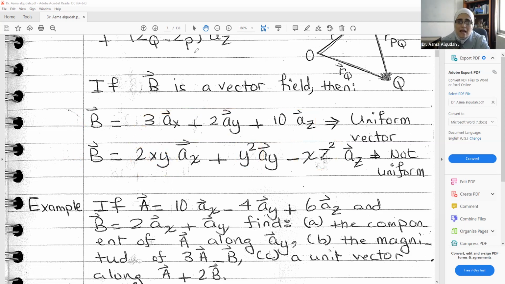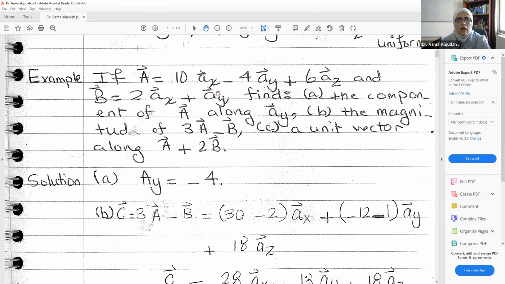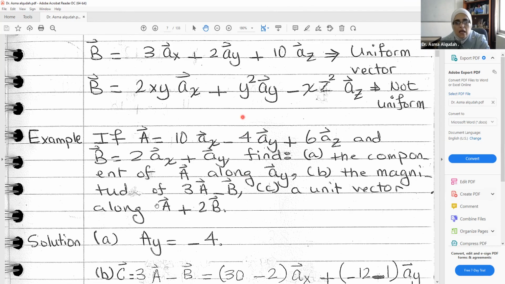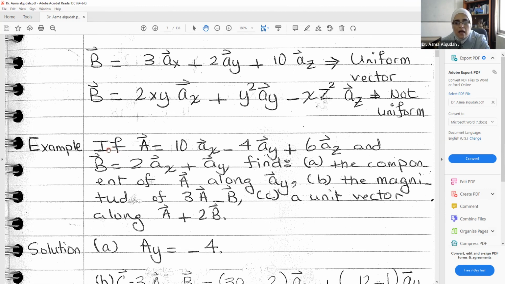Let's have one example before we stop today's class. If we have two vector fields, A and B, vector A is given by 10 a sub x minus 4 a sub y plus 6 a sub z, and B is equal to 2 a sub x plus a sub y.